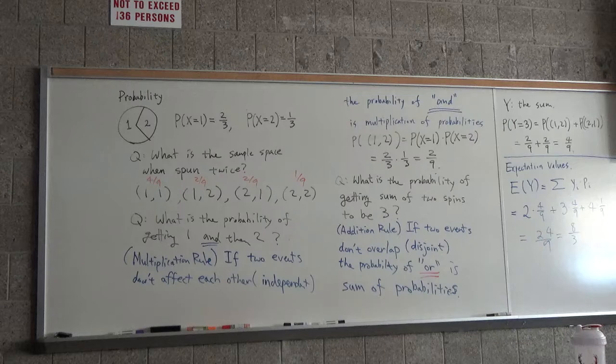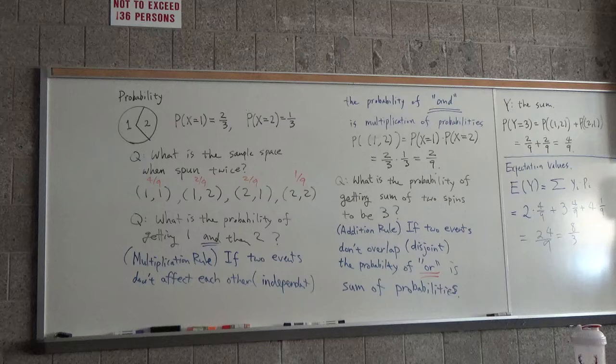So it works like this. Let's say each number represents $100. I think that's more reasonable. And somebody asks you to play this game, and you get 2 spins, and the price for the 2 spins is $300.